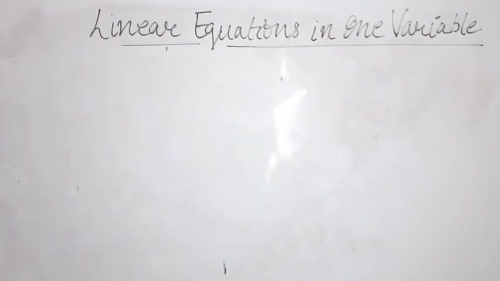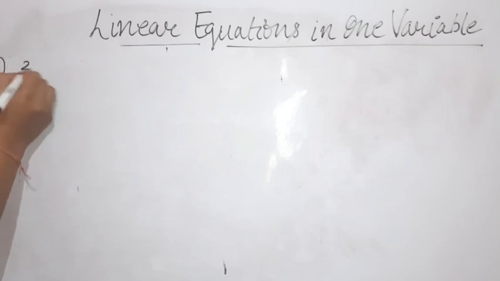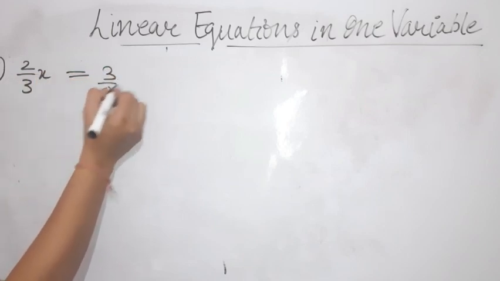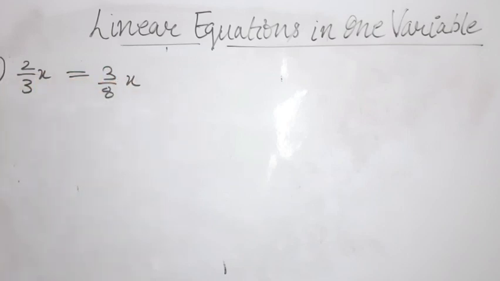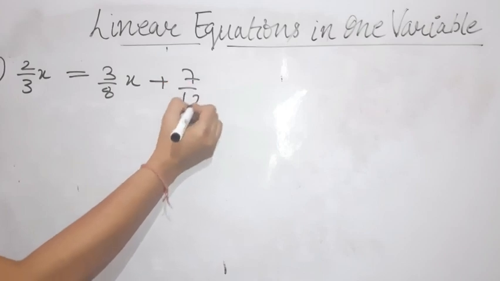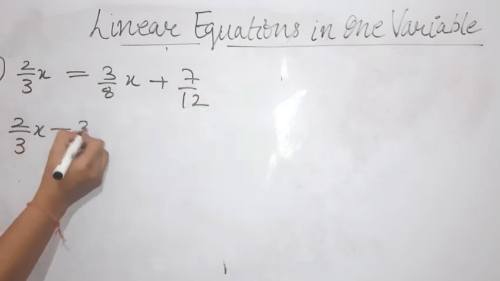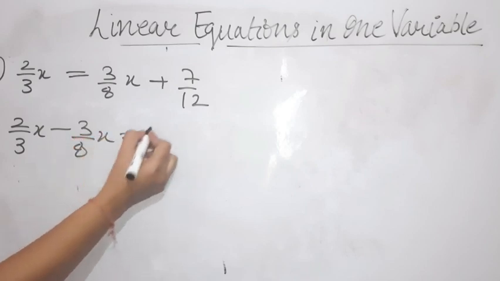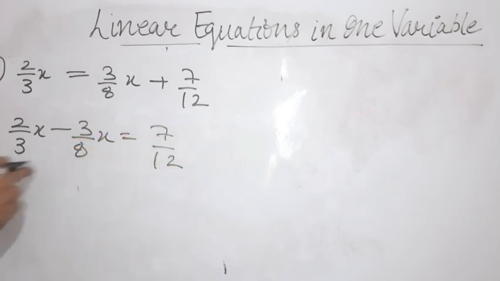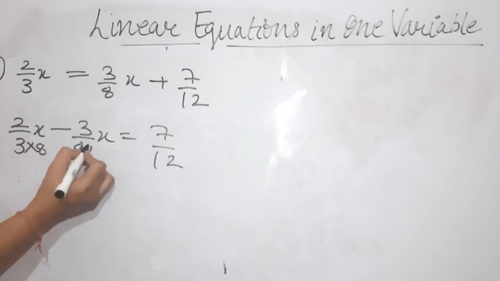So, question number 15 is 2 by 3x is equal to 3 by 8x plus 7 upon 12. Collecting the like terms together. So 2 by 3x minus 3 upon 8x is equal to 7 upon 12. The LCM of 3 and 8 is 24 because both the numbers are co-prime numbers.